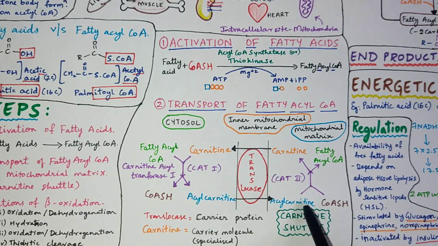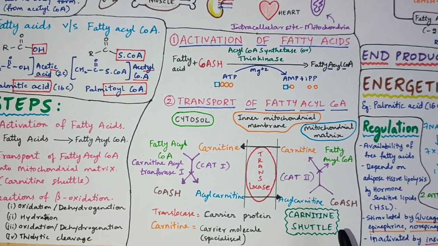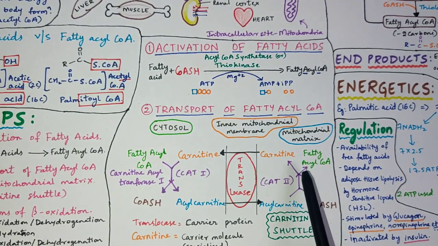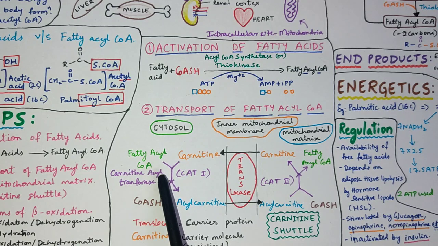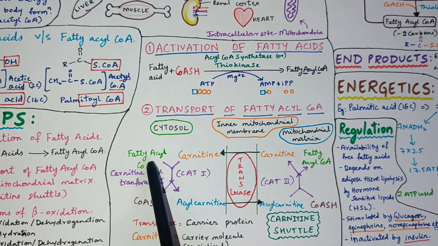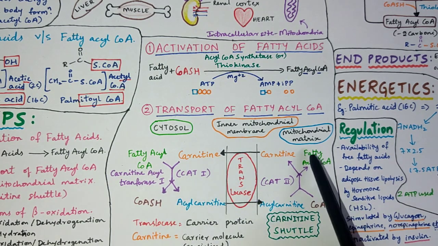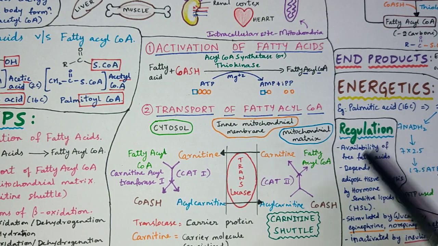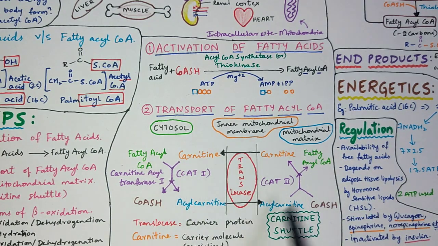This acyl carnitine combines with CoA-SH and forms fatty acyl CoA and carnitine again. It's actually splitting. This reaction happens with the help of the CAT2 enzyme, that is carnitine acyl transferase 2. And what happened here is the fatty acyl CoA with the help of carnitine reached the mitochondrial matrix to undergo oxidation, and this whole thing is called the carnitine shuttle.